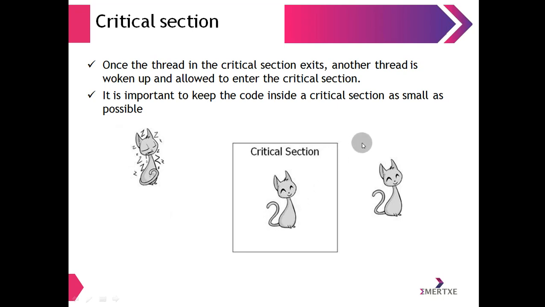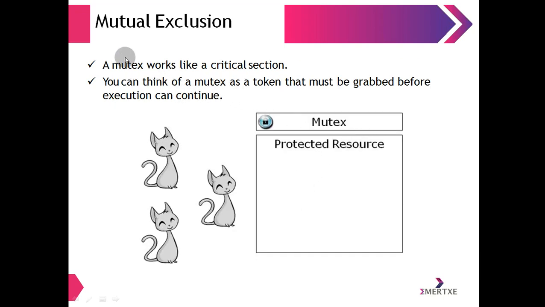Let's go to the next slide. Now here, how does mutual exclusion happen? A mutex, or mutual exclusion, works like a critical section. You can think of a mutex as a token that must be grabbed before the execution can continue. So this is the protected resource.